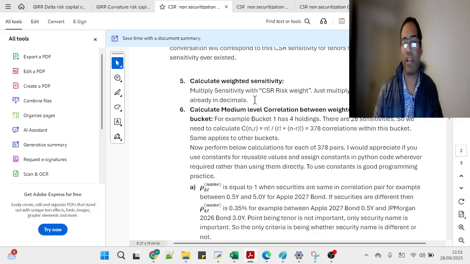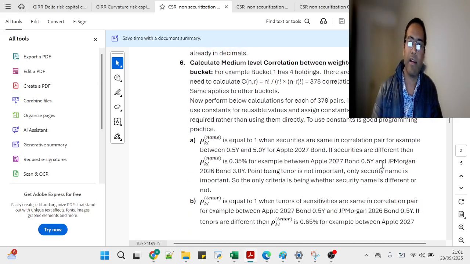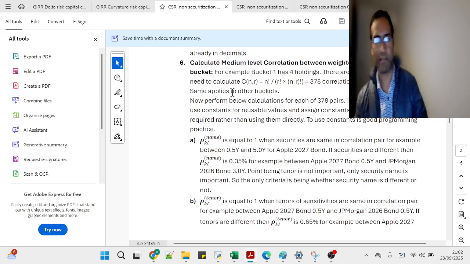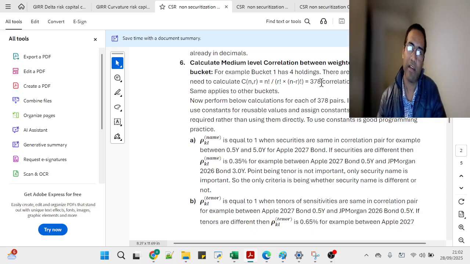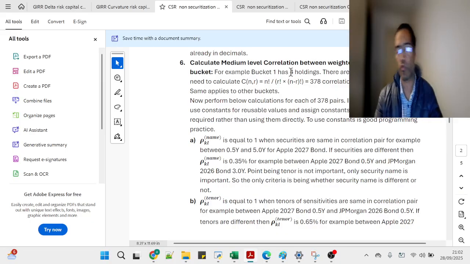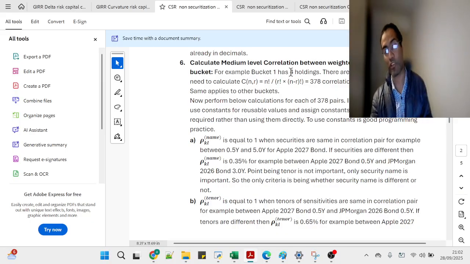Then you can calculate weighted sensitivity based on risk weight, just like for the GIRR delta. And then within a bucket, you have to calculate the weighted sensitivity. It depends on how many issuers or bonds are there in a bucket.